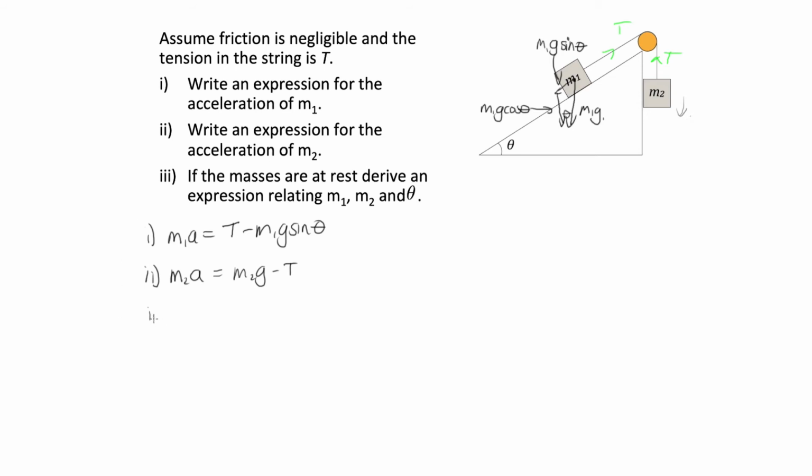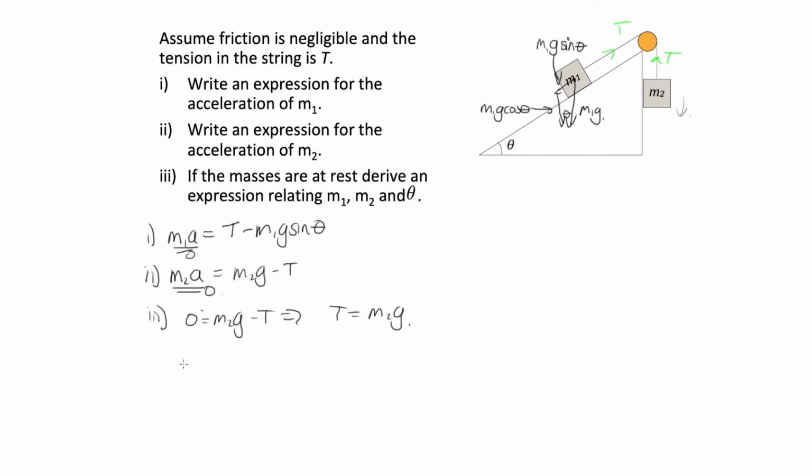Then part 3: if the masses are at rest, derive an expression relating m1, m2, and theta. Okay, so if the masses are at rest, then we know that this thing is 0, and this thing is also 0. So we can write 0 is equal to m2g minus T, which tells us that the tension is equal to m2g.